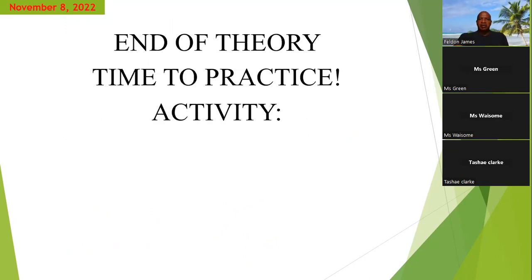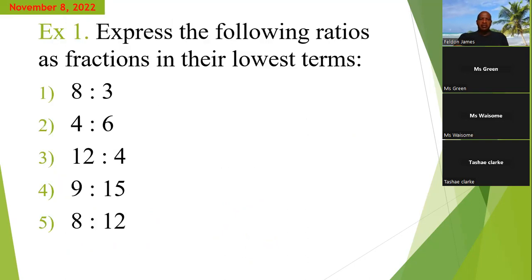Now, what we would like to do, based on what we would have learned from last week, is go through these exercises with you. So I'm going to ask you now to quickly simplify these ratios into their simplest forms. As soon as you finish with exercise 1 or this part of the exercise, we'll move on to our next part and so on.